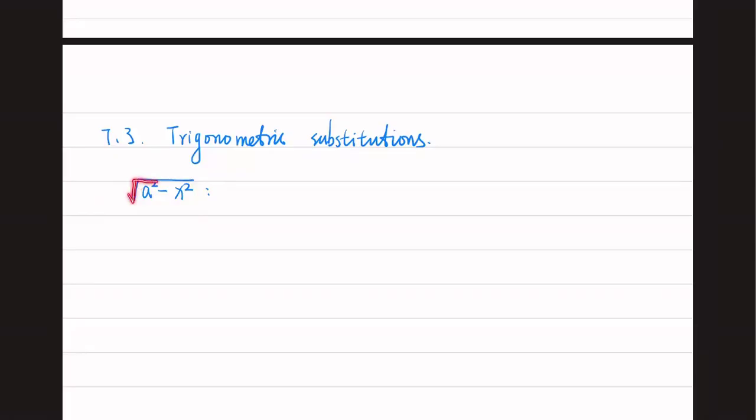So if it's the difference of two squares, a squared minus x squared, then we use substitution. In this case, x ranges from negative a, it's a new range for theta.